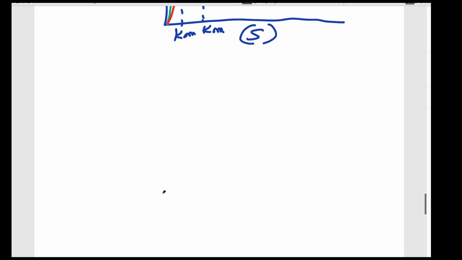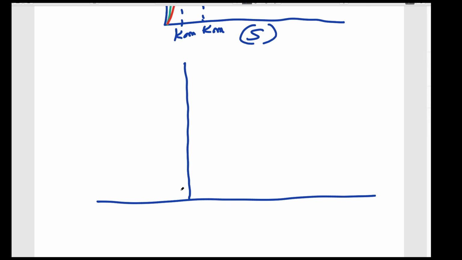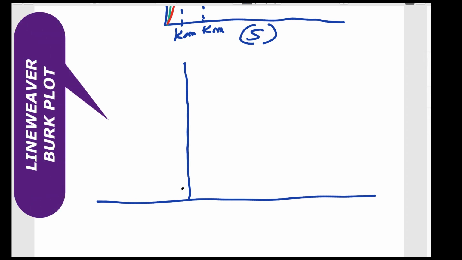Then we can also represent this in the form of the Lineweaver-Burk plot. This is how we draw the Lineweaver-Burk plot. This is in the absence of inhibitor.